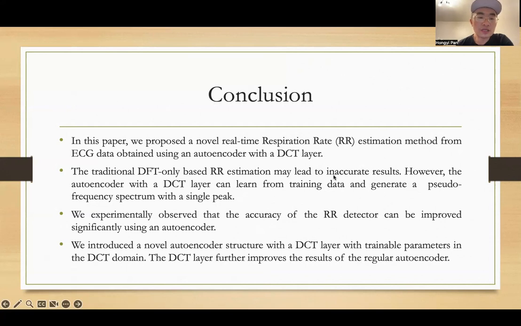However, the autoencoder with a DCT layer can learn from training data and generate a pseudo frequency spectrum with a single peak. We experimentally observed that the accuracy of the respiration rate detector can be improved significantly using an autoencoder. And we introduced an autoencoder structure with a DCT layer with trainable parameters in the DCT domain. The DCT layer further improves the results of the regular autoencoder.